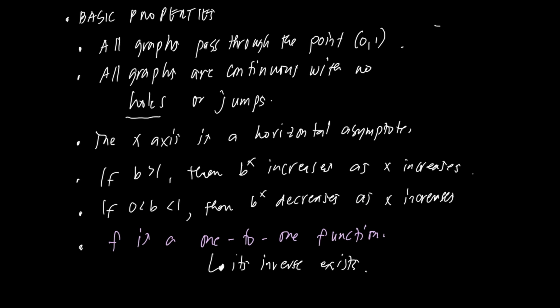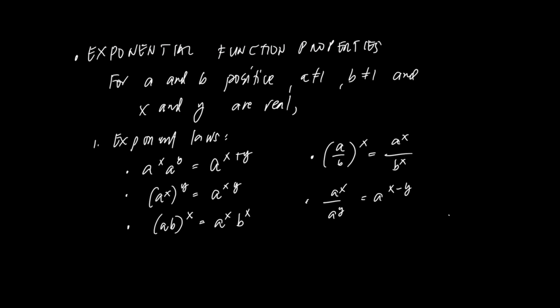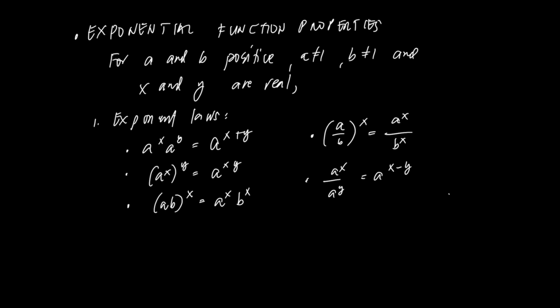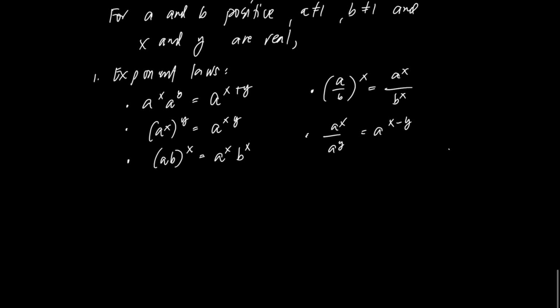So remember these basic properties of exponential functions. For a and b positive, where a is not equal to 1 and b is not equal to 1, and x and y are real, these are the exponent laws. a to the x times a to the y is equal to a to the x plus y.